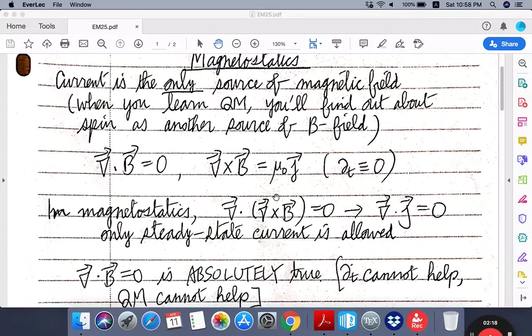So you don't necessarily have to have a moving charge in order to generate the magnetic field. But since we don't have anything to represent the spin degrees of freedom in classical electromagnetism, we can confidently say that in a steady state situation, the only way to generate magnetic field is by having some electric current.